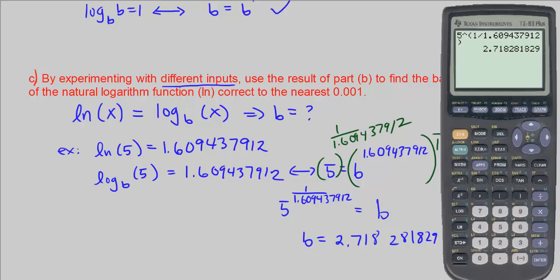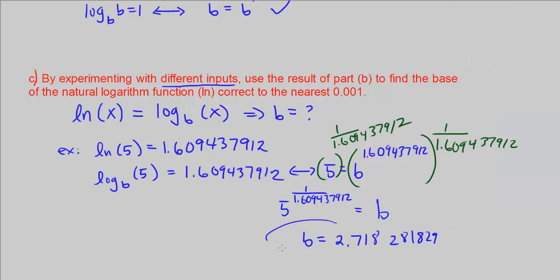Okay, so this is one value for b. So this is telling us that ln of x is equal to log base 2.718281829 of x, but I'm going to round it to 0.001 decimal places, so I'm going to truncate this off, is equal to log of base 2.718 with the input of x. These are equivalent, okay?